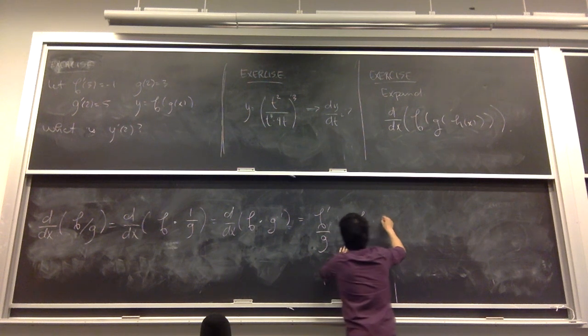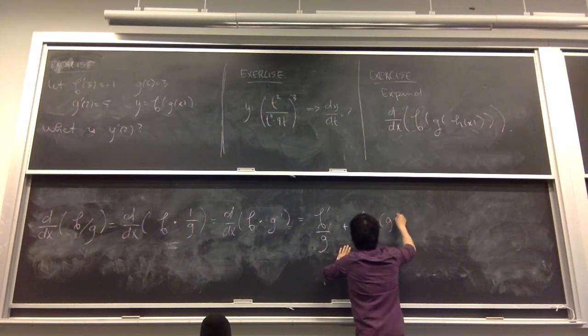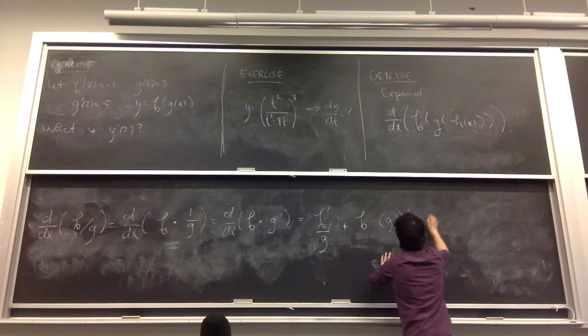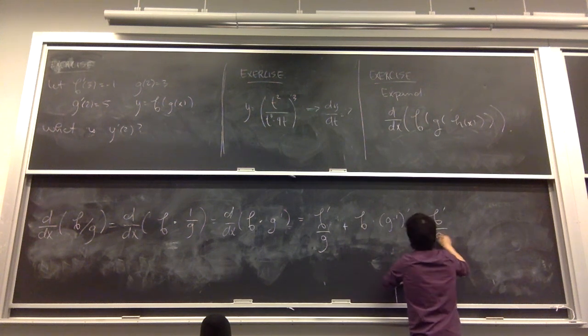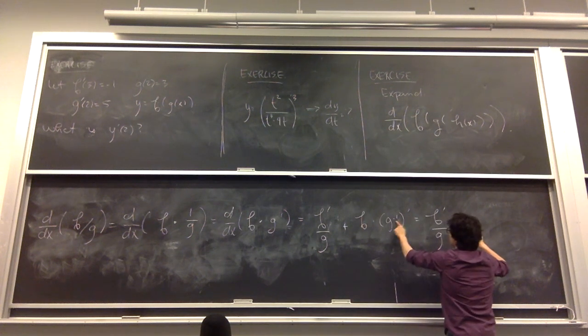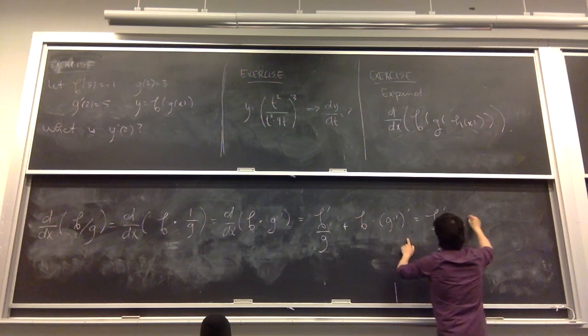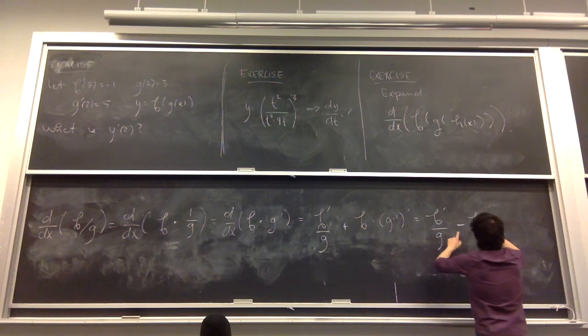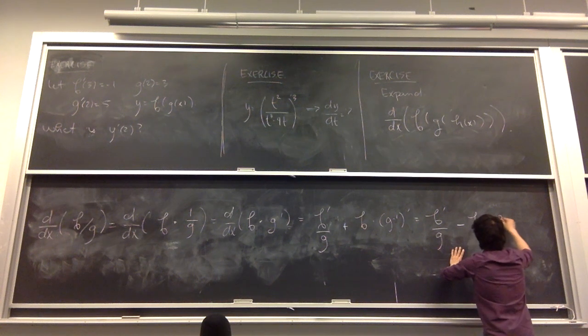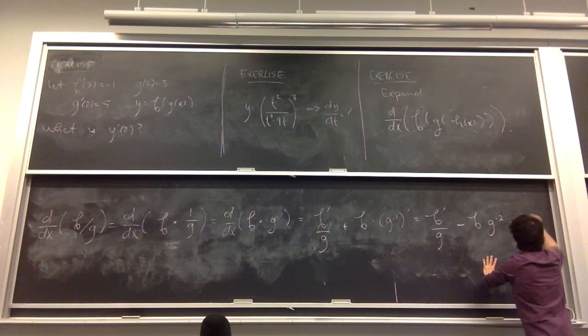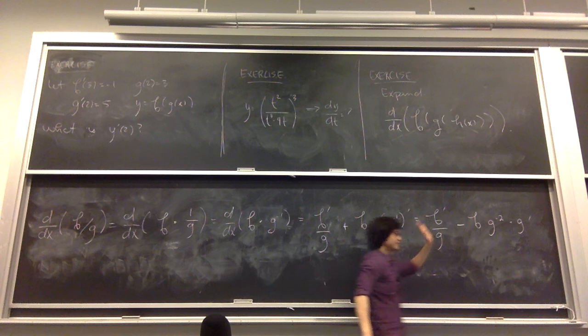So the derivative of the second is going to work out to what? f prime over g. This minus is going to come down, so that's a minus f g to the minus 2 multiplied by g prime. That's the chain rule.